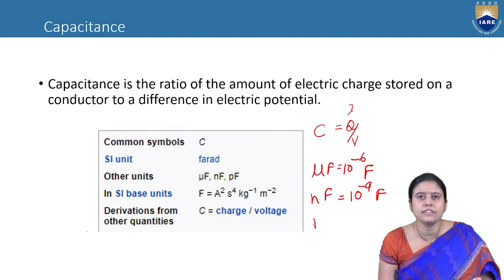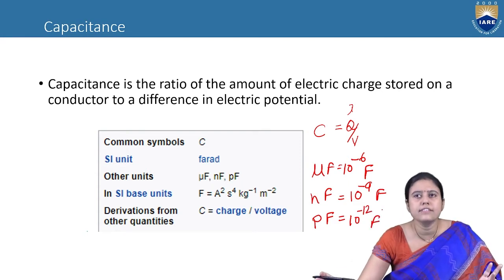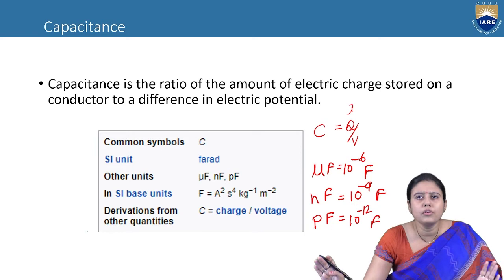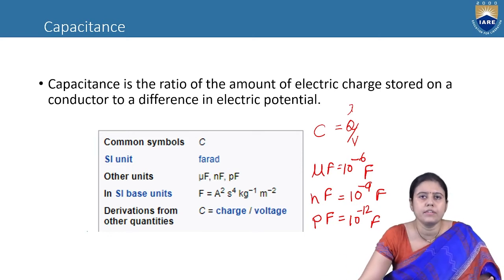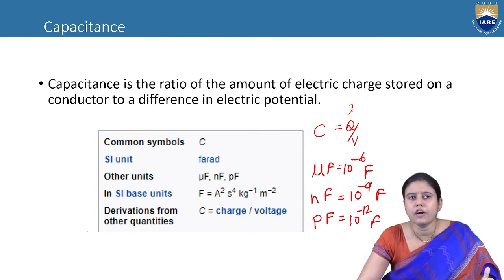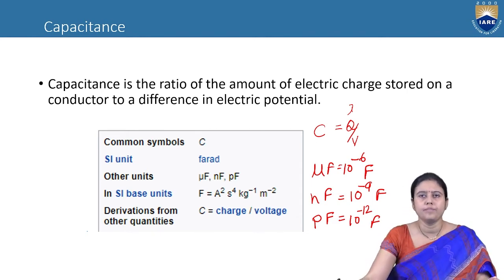And the last one is the picofarad, which means 10 to the power minus 12 farad. So, though the farad is the main unit of capacitance, we can also divide it into three subcategories for our daily life problems: microfarad, nanofarad and picofarad.